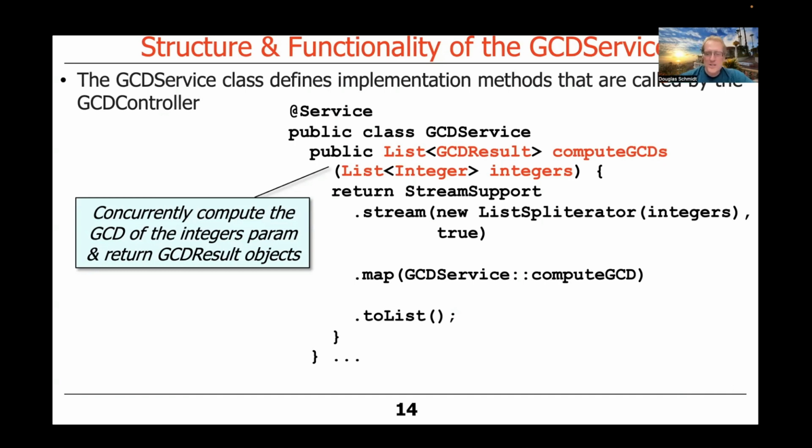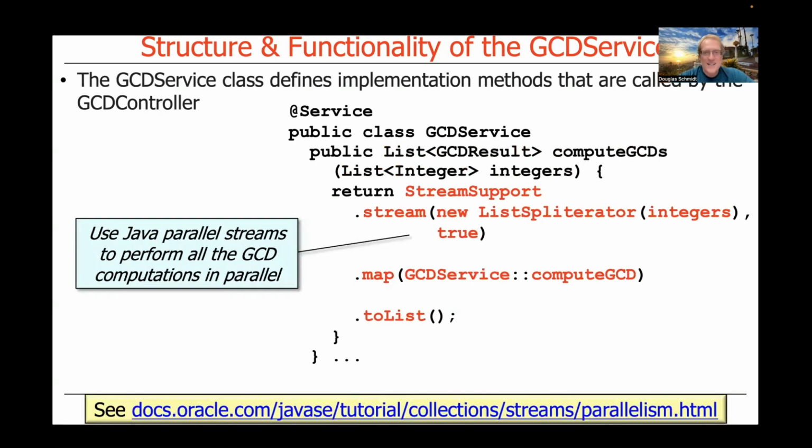And in order to do this, we're going to use some pretty neat techniques based on Java streams. And I'll talk a bit more about this when I get to the next part of the lesson where we actually look at the code in great detail. But basically what we're going to do is take that list of integers and make a call to something that I wrote called a list splitterator. And a list splitterator is a Java mechanism. It was added in Java 8 and has persisted to this day, of course.